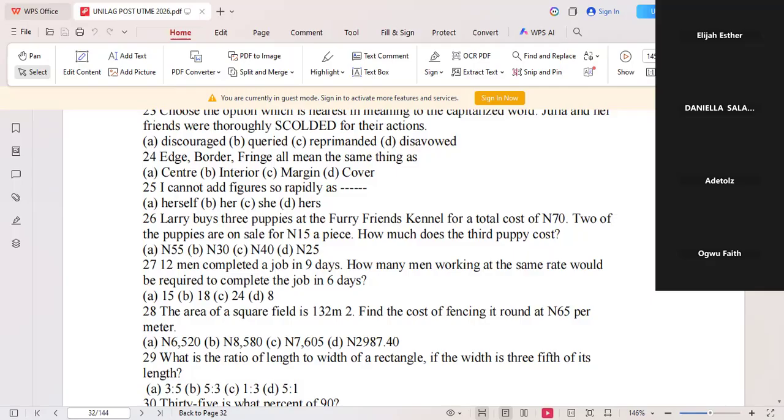Are we doing it? I've screen shared it, or you can read it from your phone.